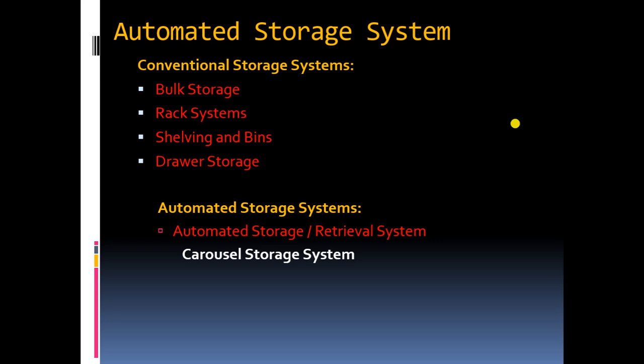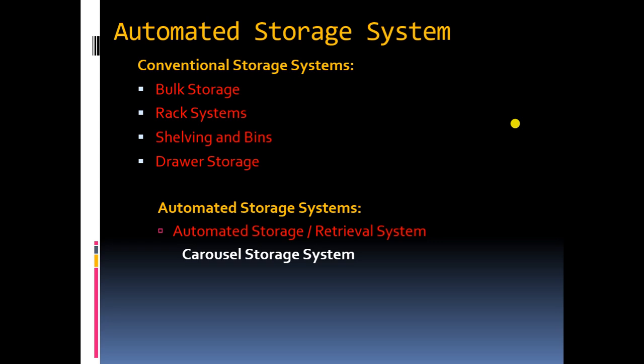An automated storage and retrieval system can be defined as a storage system that performs storage and retrieval operations with speed and accuracy under a defined degree of automation.